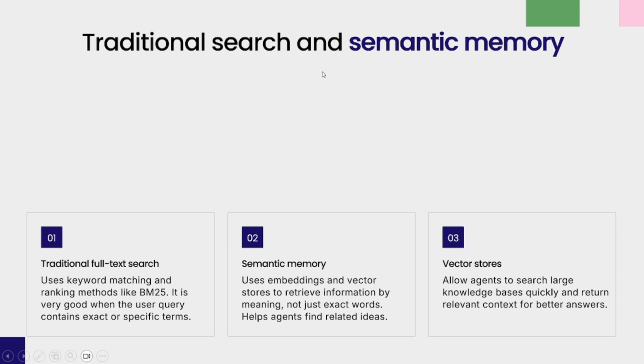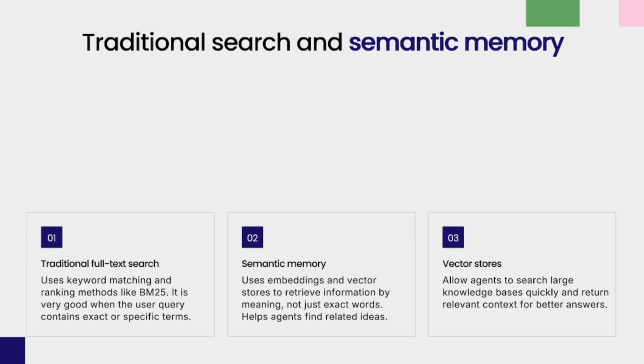Alright, so traditional search and semantic memory. So what's the difference? Traditional search uses what we call keyword matching. So it uses keywords to search for information in the database. For example, we have a method like BM25.